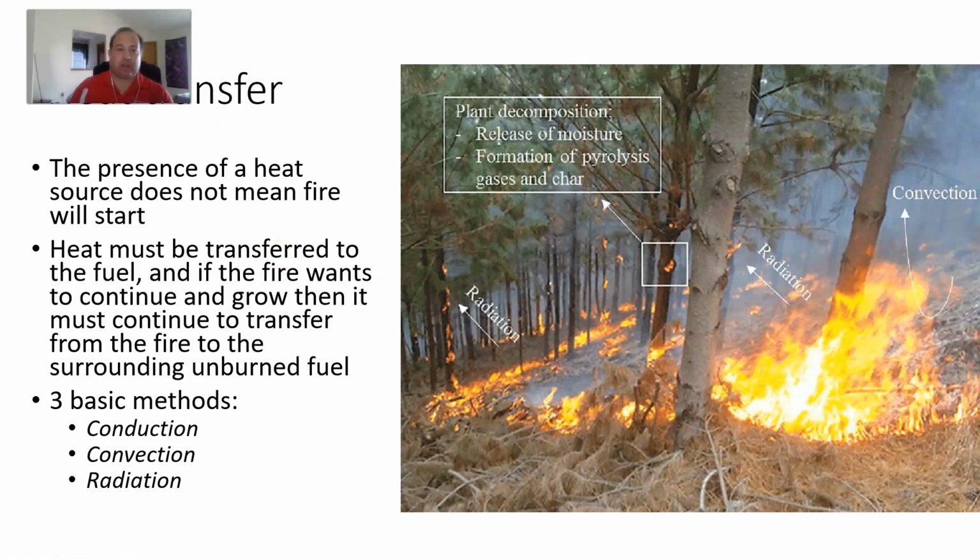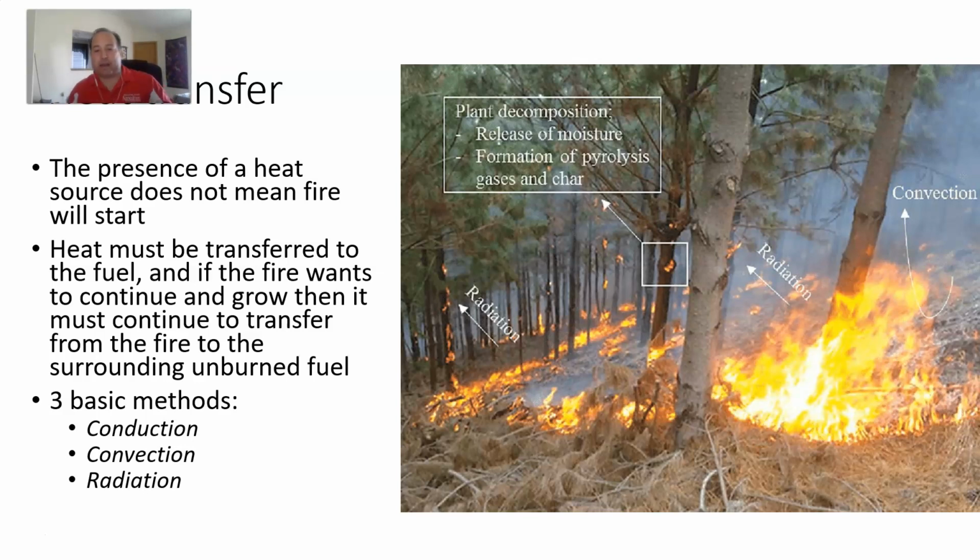Okay, so the presence of a heat source does not mean fire will start. You need everything to be happening and everything to work out in terms of the fire triangle. Heat, though, must then be transferred to the fuel, and if the fire wants to grow, it's got to continually transfer heat from fuel to fuel to fuel, from the fuel that's on fire to unburned fuel.